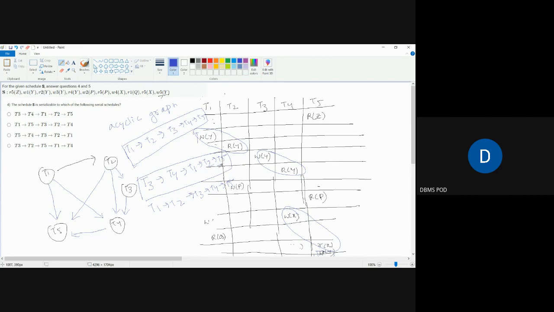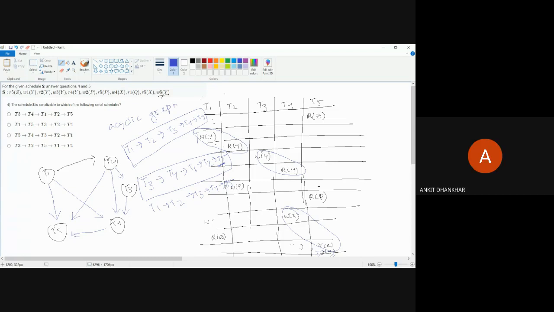You can see that only T5 is doing the final write in both orders, so T5 will be the last. Intermediate writes are not considered. Only the final write is considered, whatever the data item, if it is Y, then it is Y.